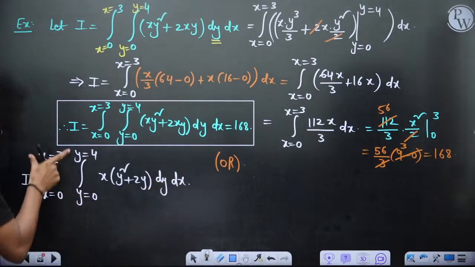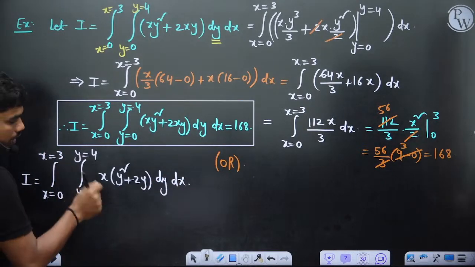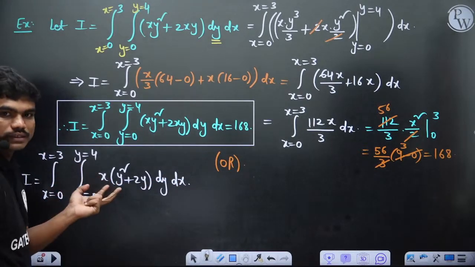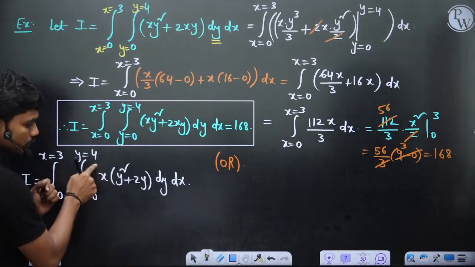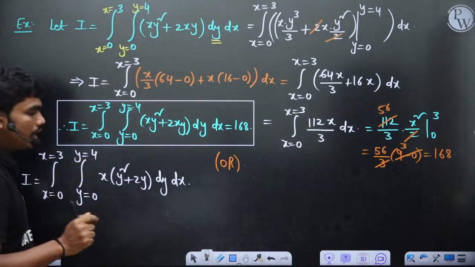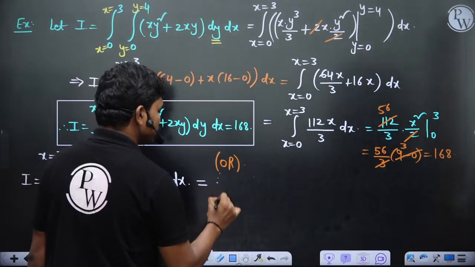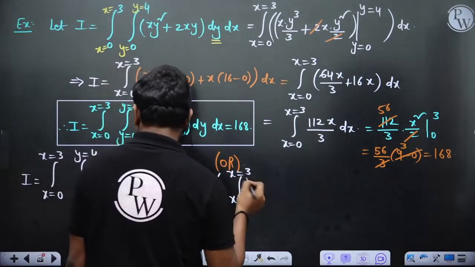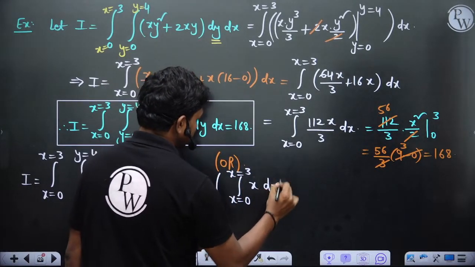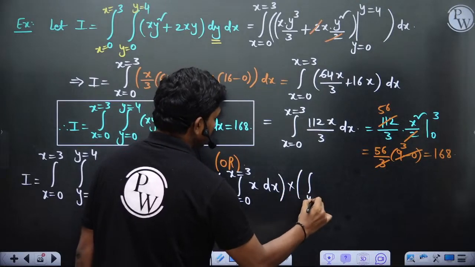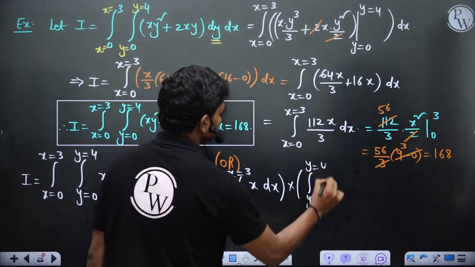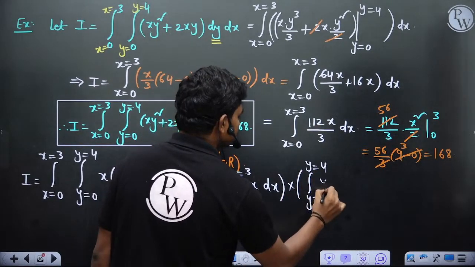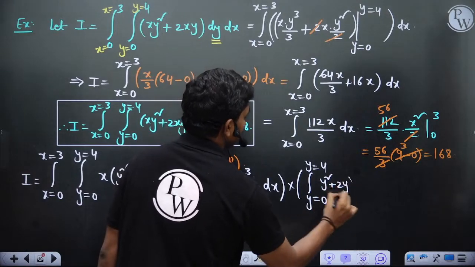Now since these limits are constant values, and this function is split into 2 functions, one containing only x and one containing only y, I can write this as integral x from 0 to 3 of x dx, times integral y from 0 to 4 of y square plus 2y dy.